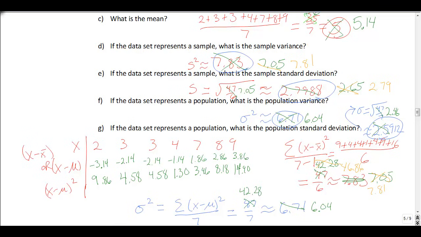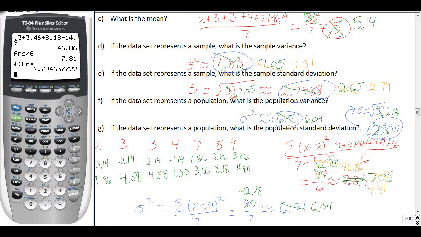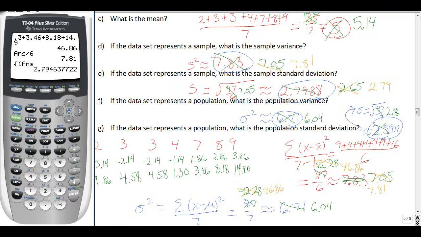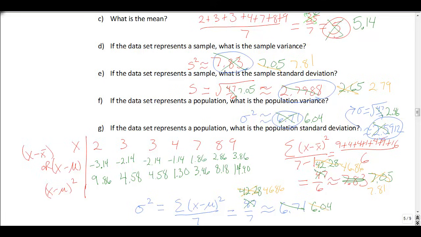And then for the population variance and the population standard deviation, I take the 46.86, and I divide by 7. 46.86, and you divide by 7, you get like 6.69. Note, much closer to the original values we had.